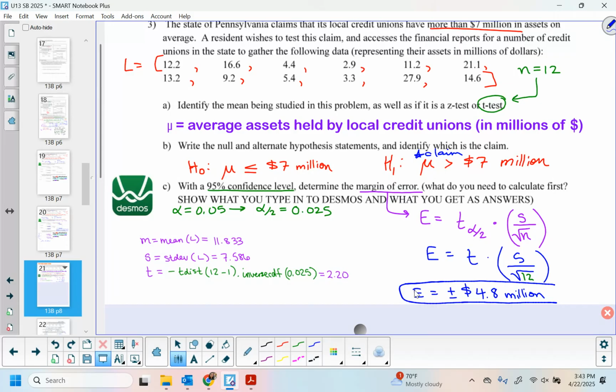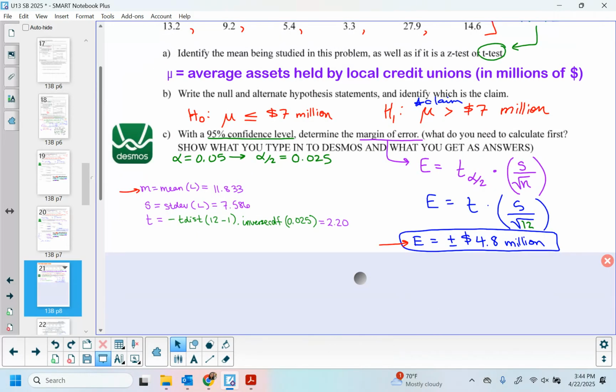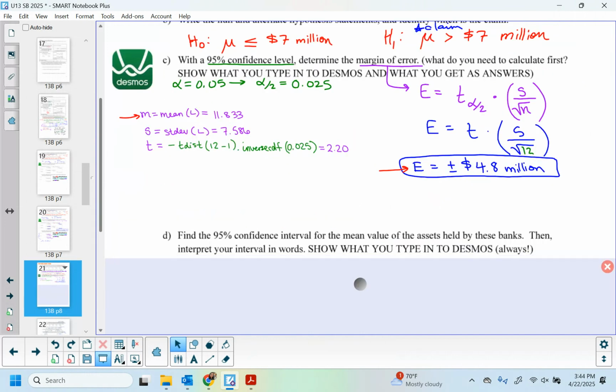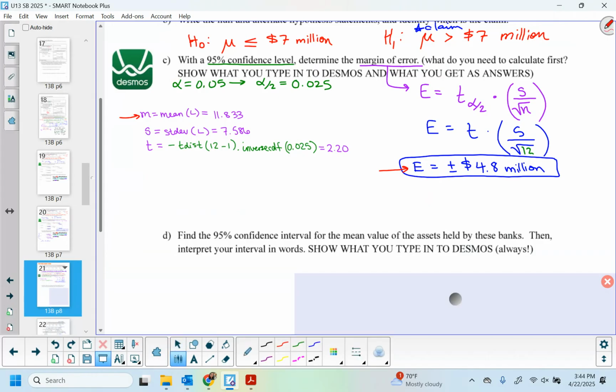Okay, and then because I saved this guy as M and I saved this guy as E, to find my confidence interval, I'm just going to do M plus E and M minus E. So I will do M plus E in Desmos and M minus E in Desmos, and that will give me 7.01 whatever and 16.653 whatever.